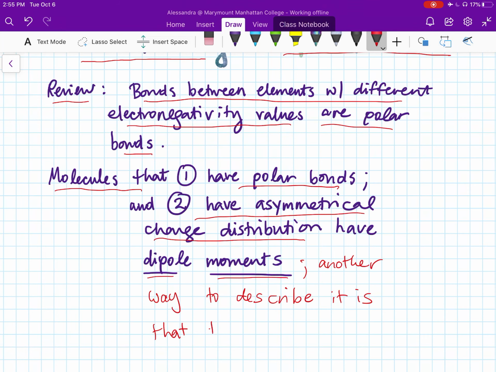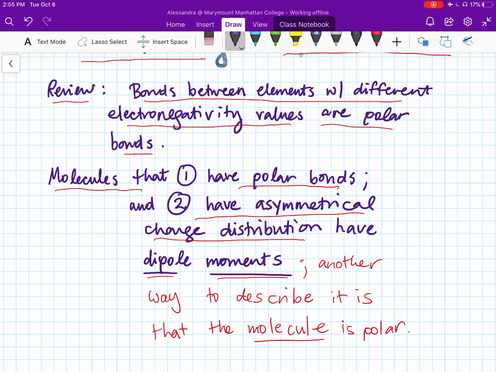So the molecule is overall polar, not just a bond in the molecule, but we could say that the molecule is polar. So any molecule that has a dipole moment is polar. Molecules that do not have dipole moments are nonpolar molecules.